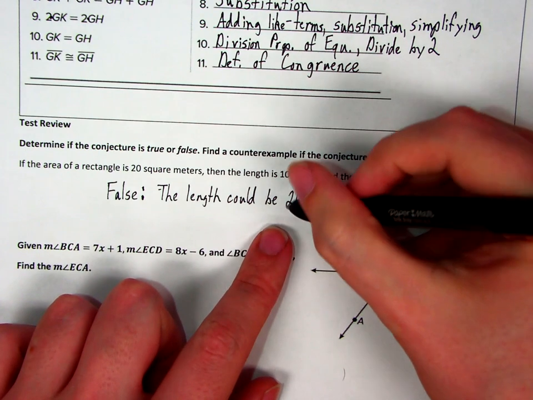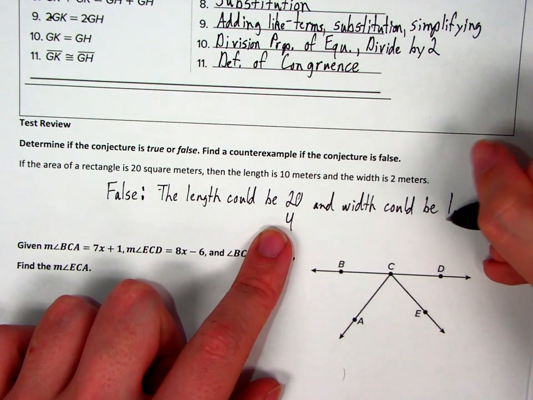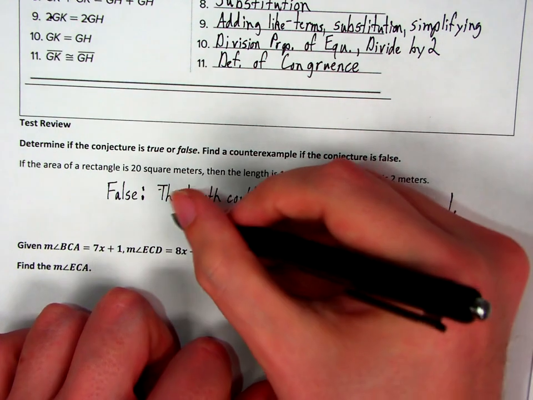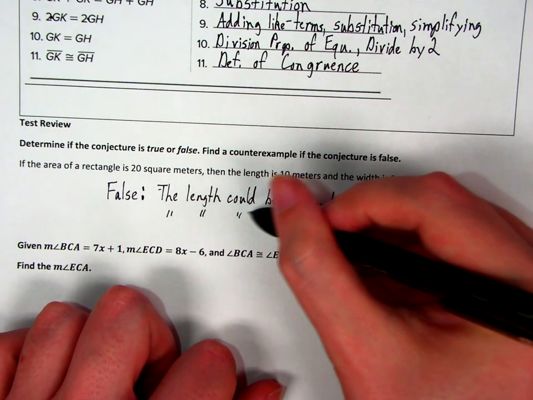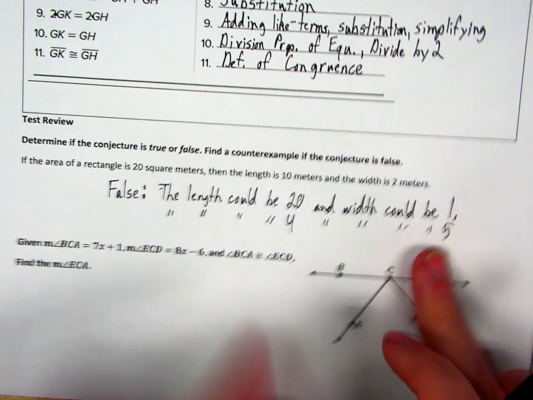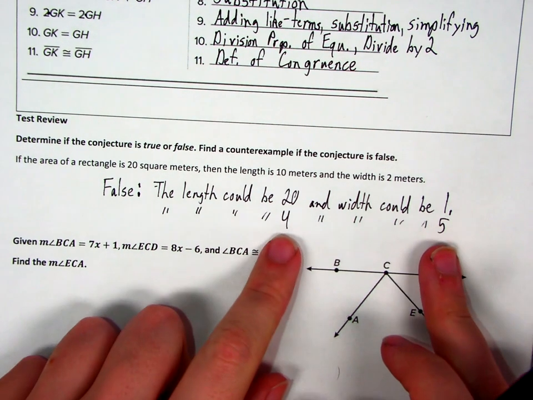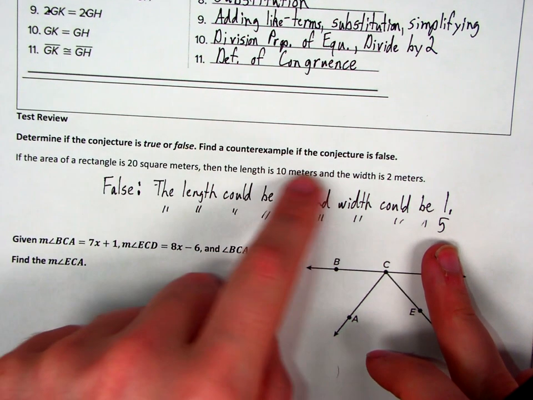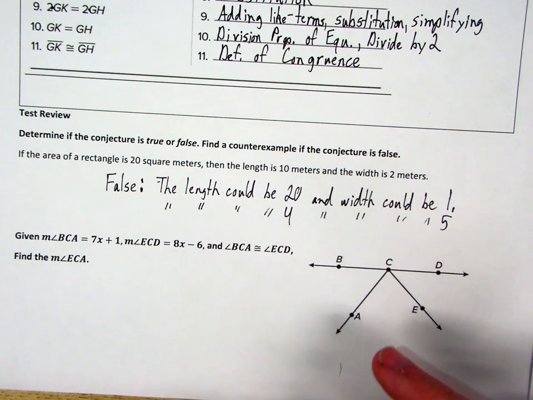The length could have been 4, and the width could have been 5. We could have said a lot of different things. We came up with a counterexample here, where we have things that can multiply to make 20, but they're not 10 and 2 that would make the same area.